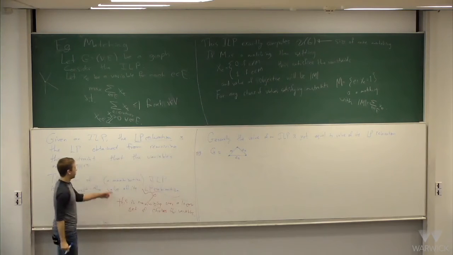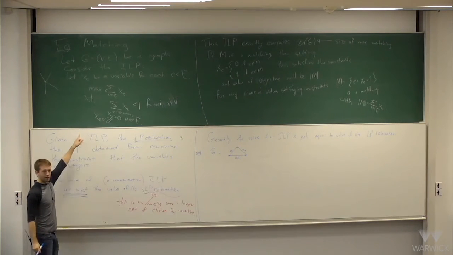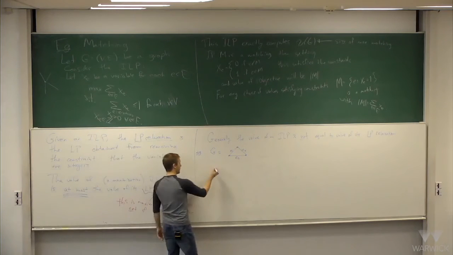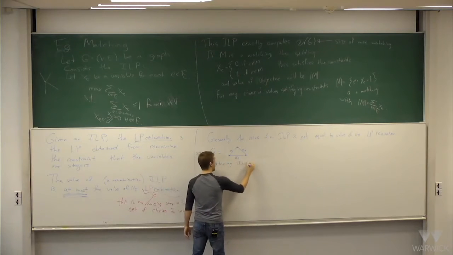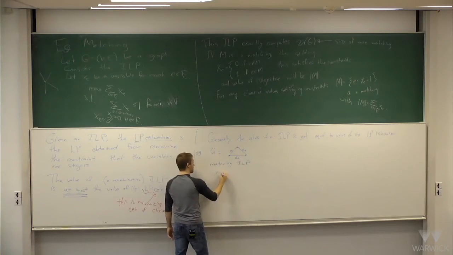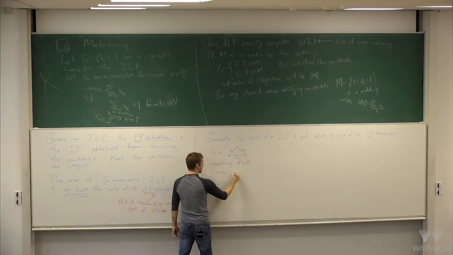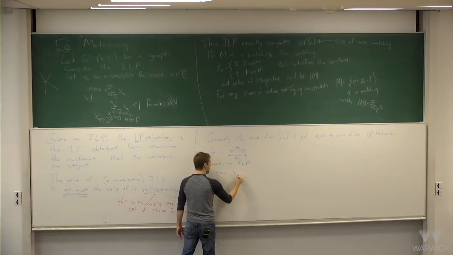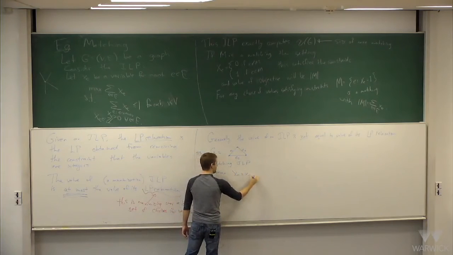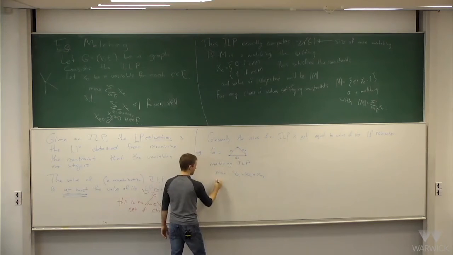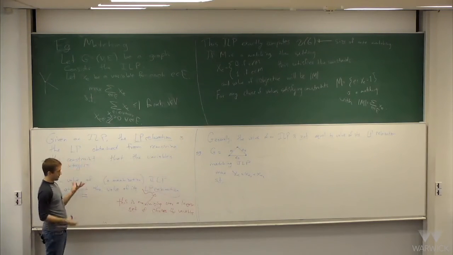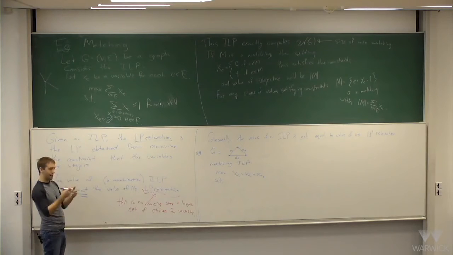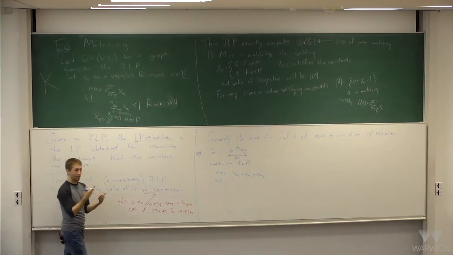If I were to write out this matching integer linear program, you want to maximize, and there are only 3 edges, so I'll just write xe1 plus xe2 plus xe3, subject to constraints. For every vertex, the edges containing that vertex have value at most 1.